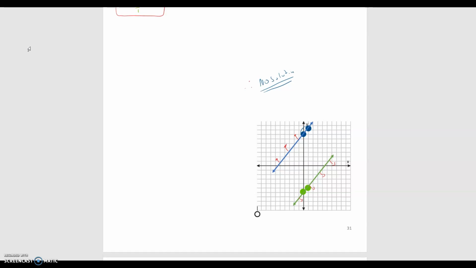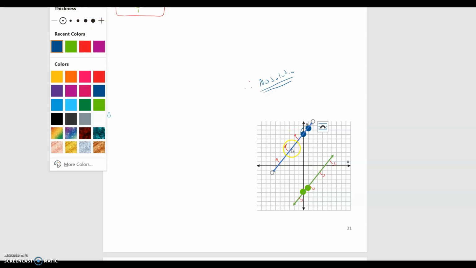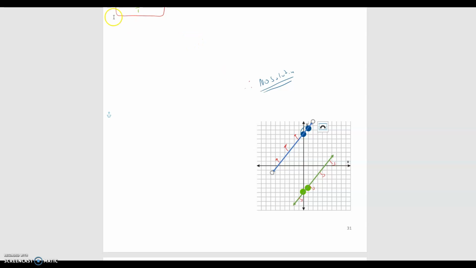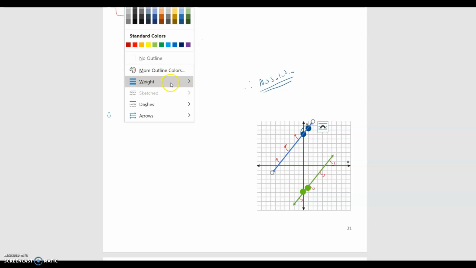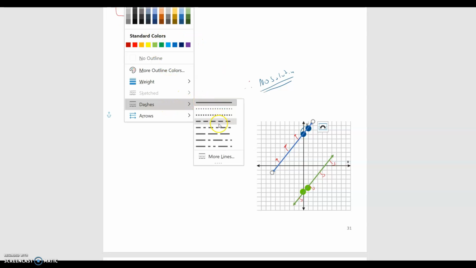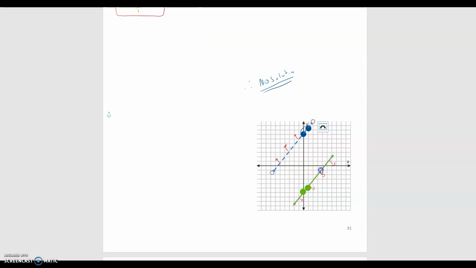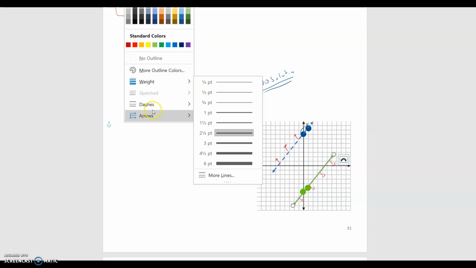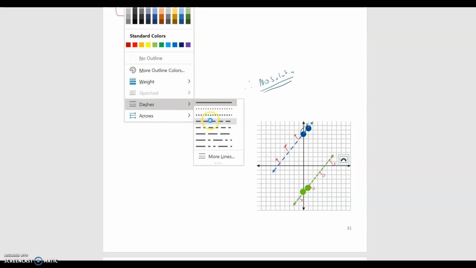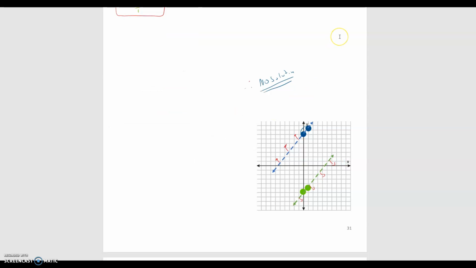And we do have to go back and make the lines dotted to indicate that they're not part of the solution. If we don't make the lines dotted, it may give the impression that the solution is the line, but it's not. The only reason that we write them as solid is because of the shading and the possible overlapping. So in this case, this would have been a graph with no values.